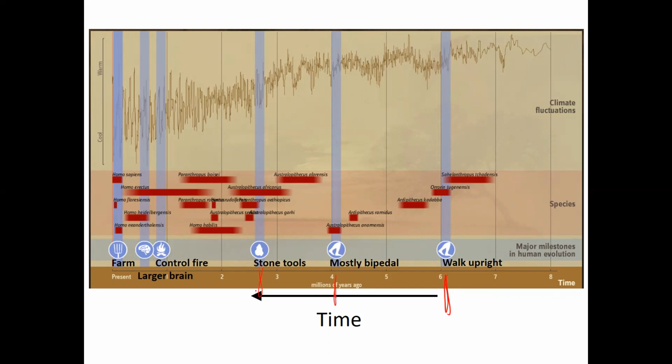Use of stone tools by about 2.5 million years ago. The control of fire, a little bit less than 1 million years ago. Larger brain size, about 500,000 years ago. And then agriculture, fairly recently, just for the present. You can see this cooling trend too.